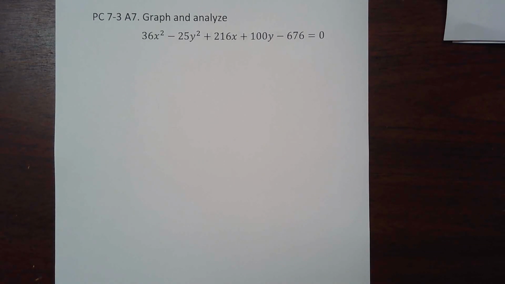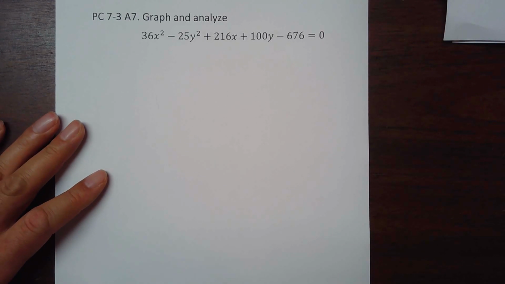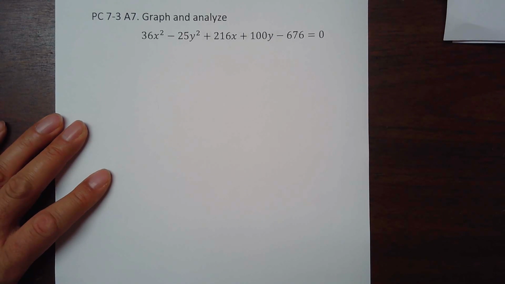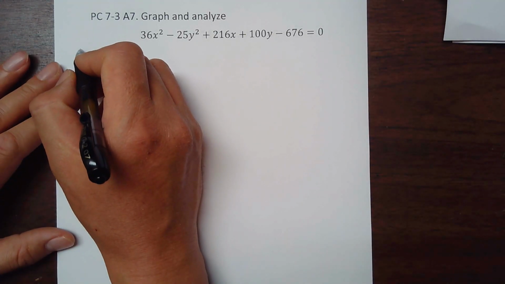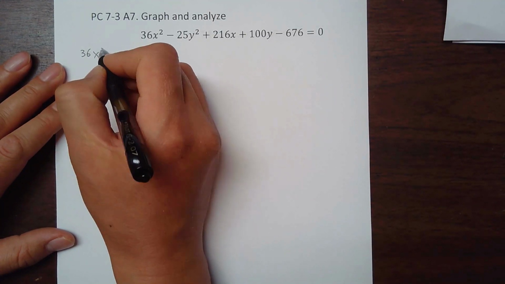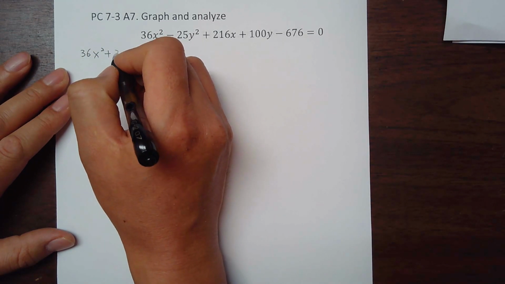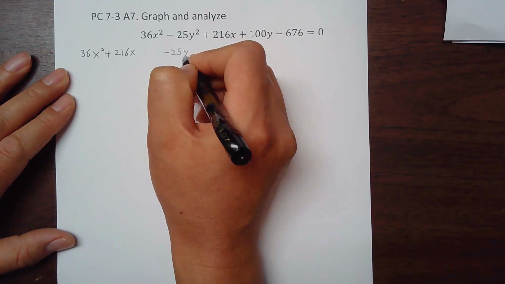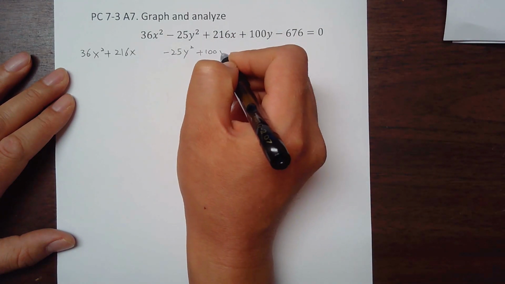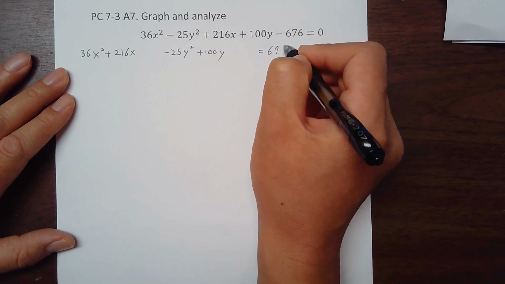When your hyperbola didn't give you equation in standard form, you have to do completing square. And doing completing square in hyperbola is exactly identical as completing square in ellipse. So gather the term with x in one spot, y squared plus 100y, and the constant, move that to the other side.